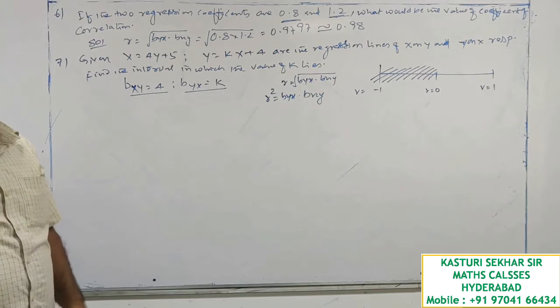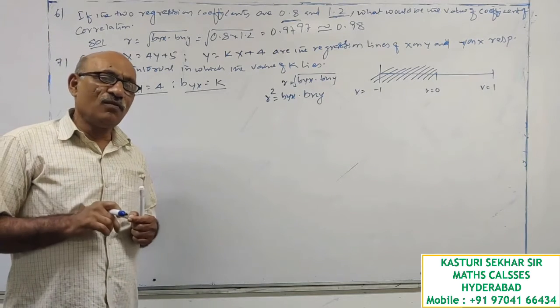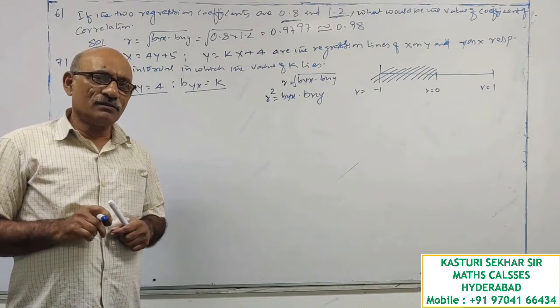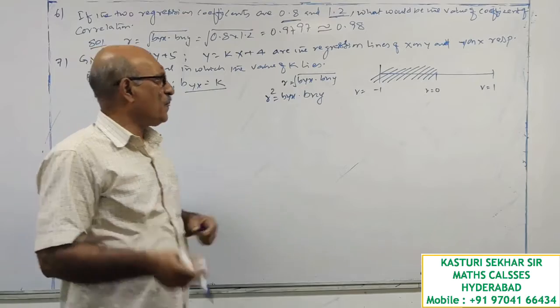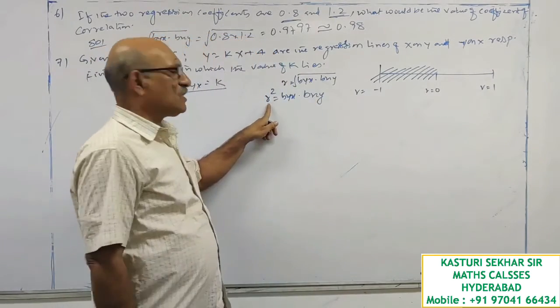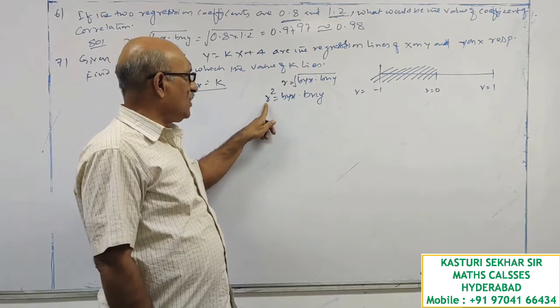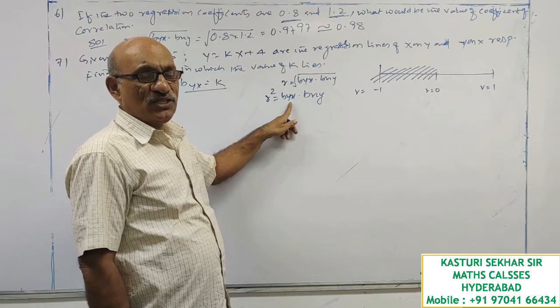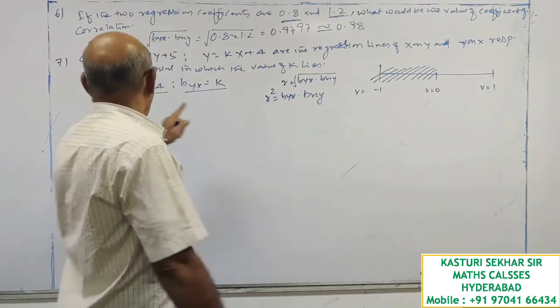Now the question is, should I take the value of r is equal to 0? If I take r is equal to 0, then r square is also 0. This means either byx is 0 or bxy is 0.